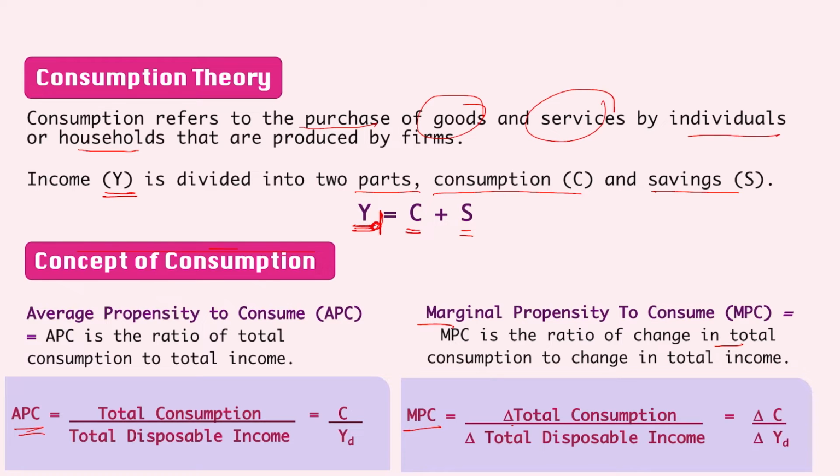If your income increases from 1,000 to 1,200, how much is the change in consumption? So this is the MPC. Later I will show the example of APC and MPC.